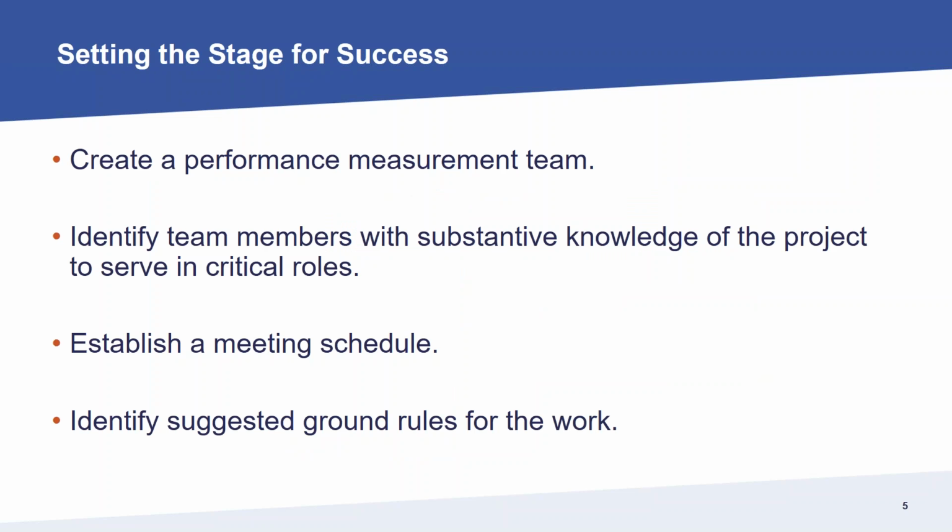The guide provides tips for how to set yourself up for success. We offer suggestions for how to increase your chances of meeting your goals. Specifically, we suggest several tips to help you start strong. First, create a performance measurement team.